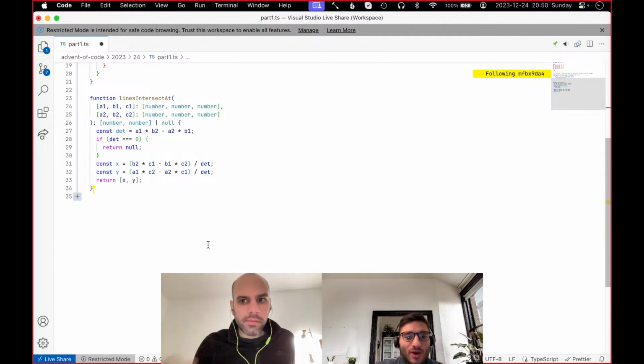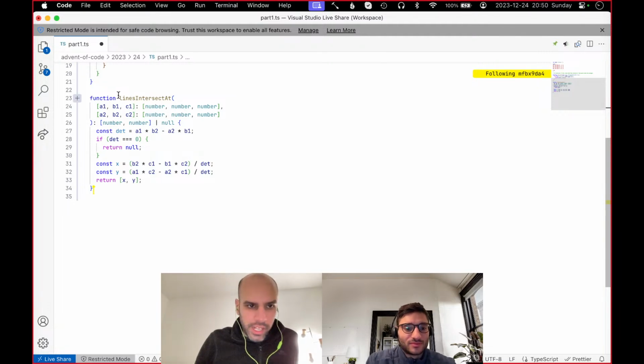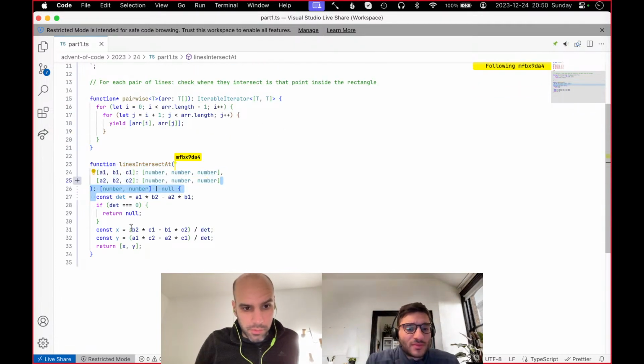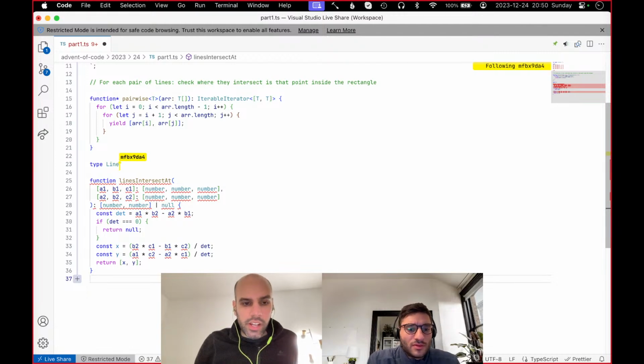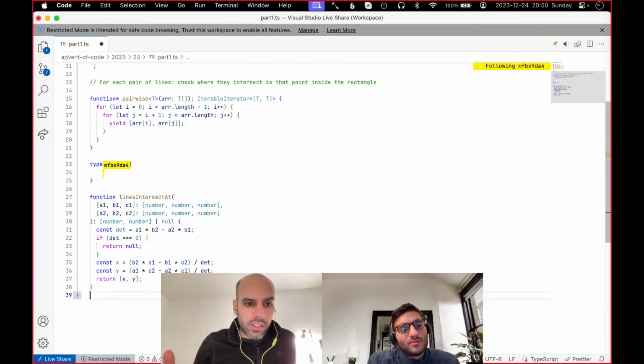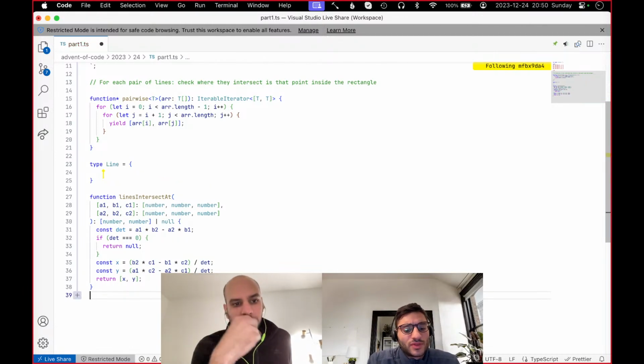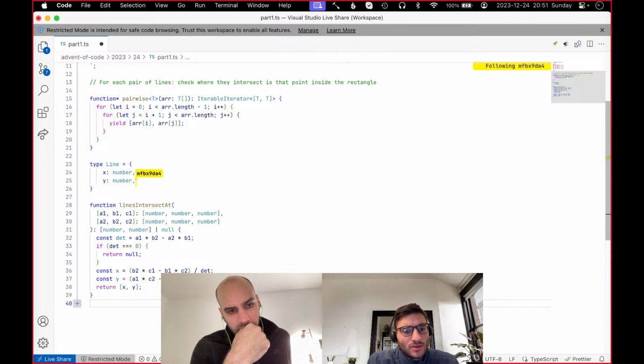Okay, where was I? You were defining this line intersect at, and I have no idea what this is about. I know what a determinant is. I know what this looks like, but I don't know why this is correct. Now, I believe it is correct. I just don't understand it. So for a line, we just need the x and y, right?